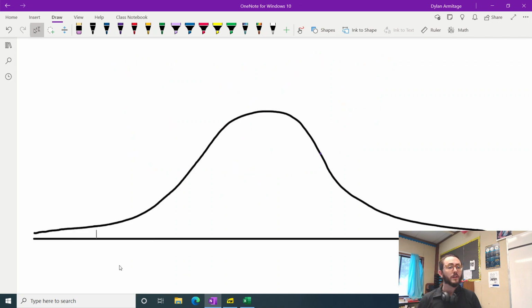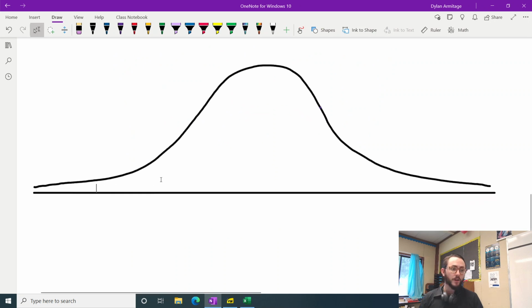So if we want the correct value for our z-critical, and this is also how we can find any different confidence interval, let's just start with 95% so we can see that.